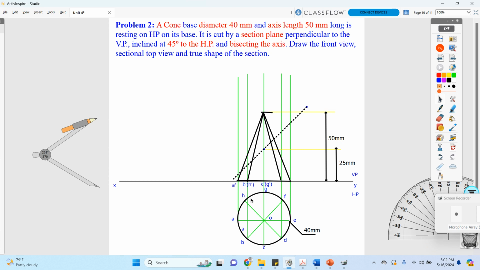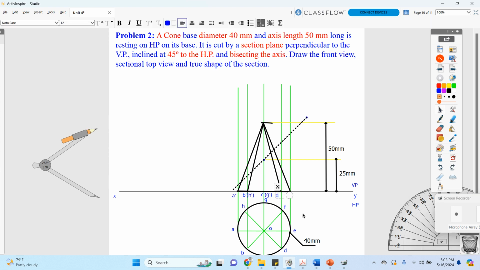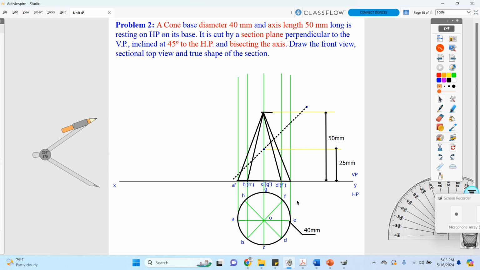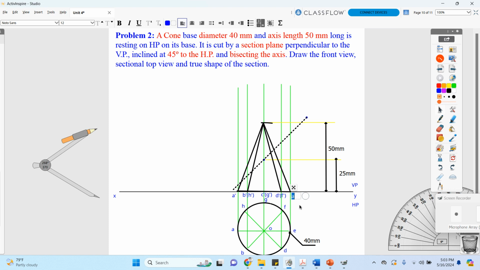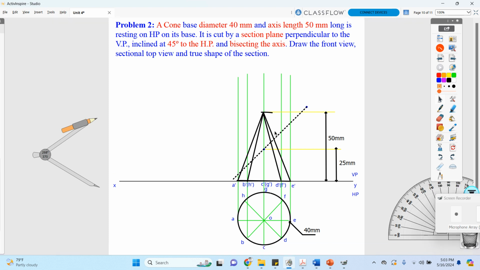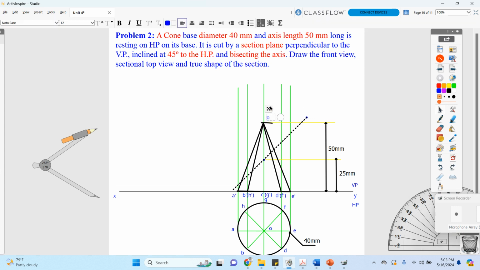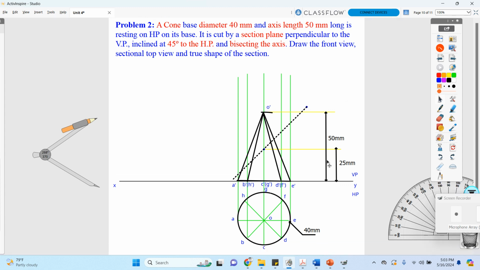Then the next point is D dash of F dash. Then the last point is E dash. So your apex value is O dash.